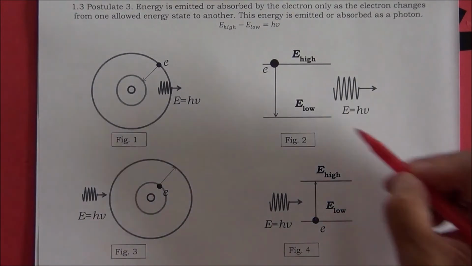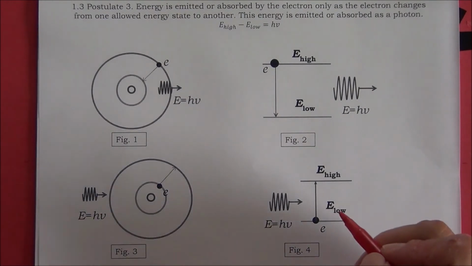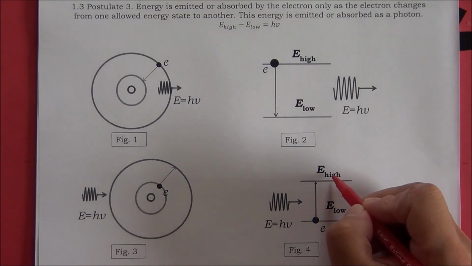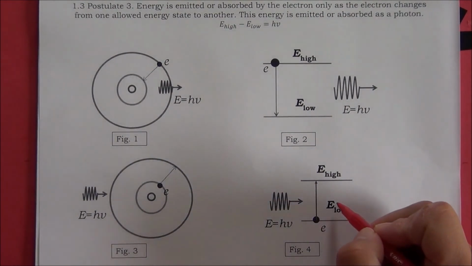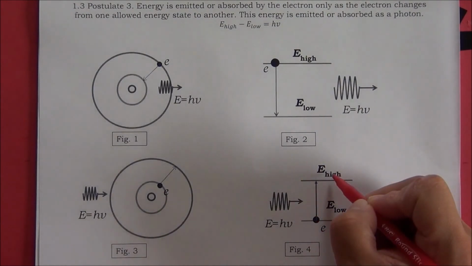Let's look at a different representation of the same phenomena. If a photon has an energy which is equal to the difference between the lower energy orbital and the higher energy orbital, the photon will be absorbed by the atom. Then the electron will change the orbital from lower energy orbital to higher energy orbital.